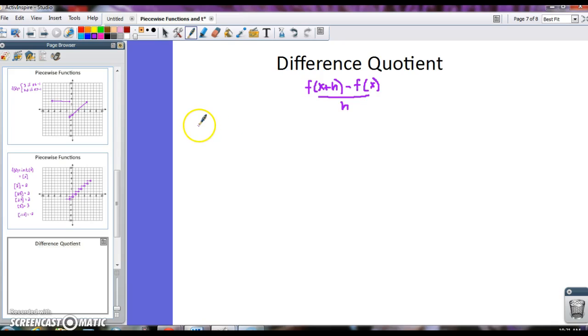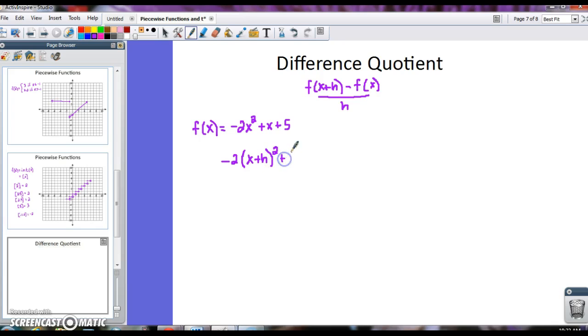So let's say I have the function f of x is equal to negative 2x squared plus x plus 5. Okay, so I am simply going to determine what my difference quotient is. So the first thing I have to do is find f of x plus h. And all that means is everywhere in my function where I see x, I'm replacing it with x plus h.